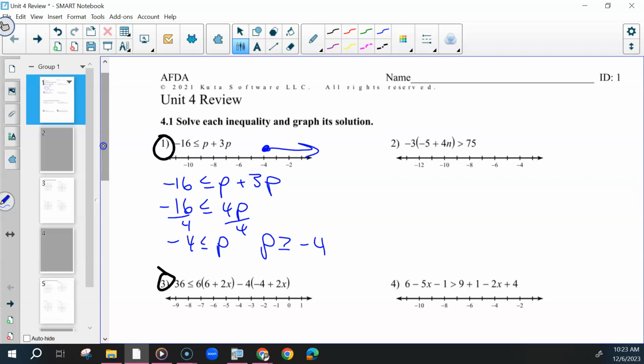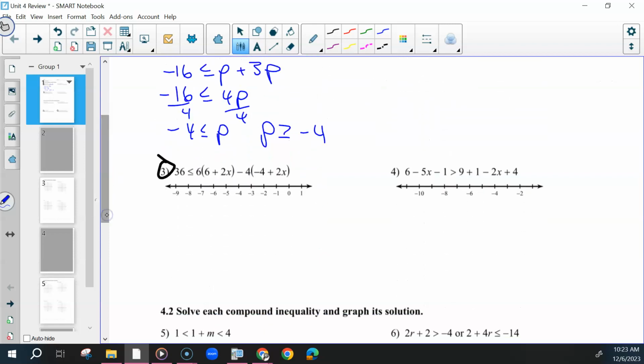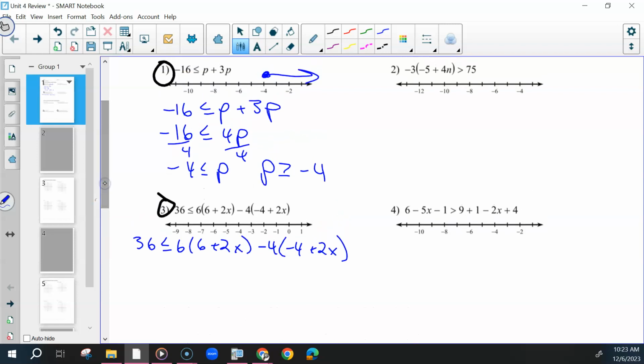Okay. Number 3, same thing. I'm going to rewrite this down here. Scroll just a little bit. Okay, then start to solve. So distribute the 6, distribute the -4.